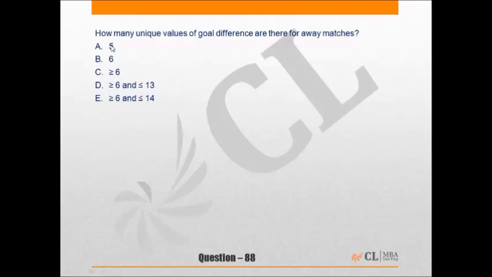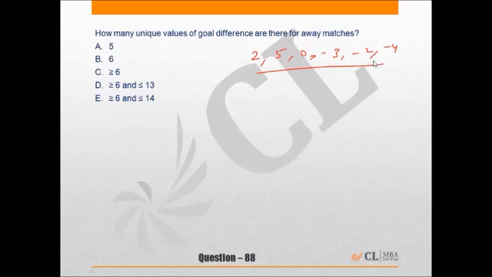However, this question can be answered if we consider the data of the 13 teams for which we have calculated all info in away matches, and if we consider these 5 teams, the different possible differences are 2, 5, 0, minus 3, minus 2 and minus 4.